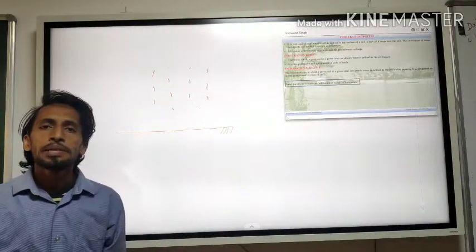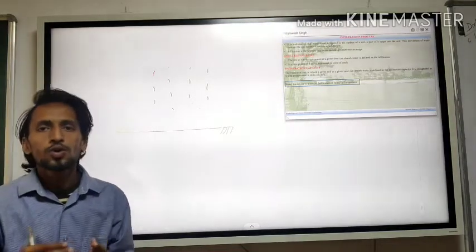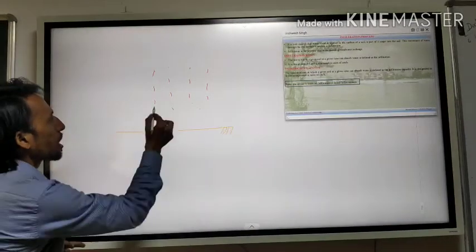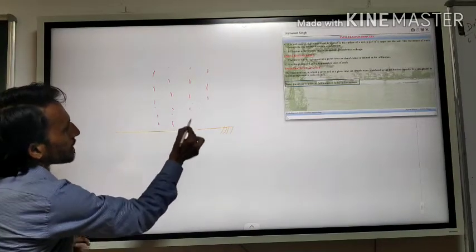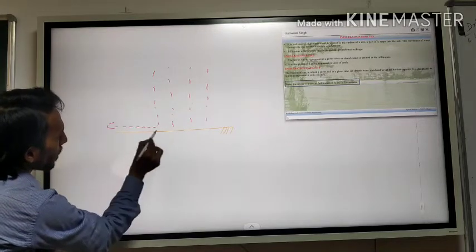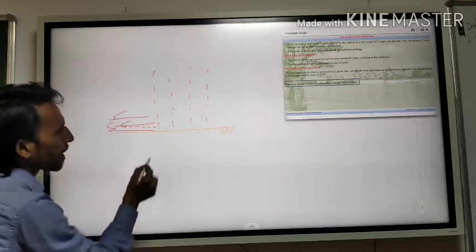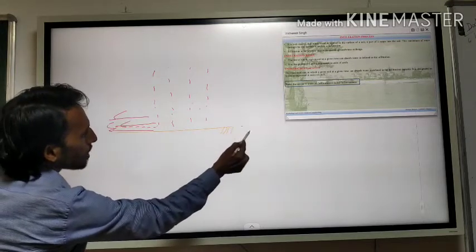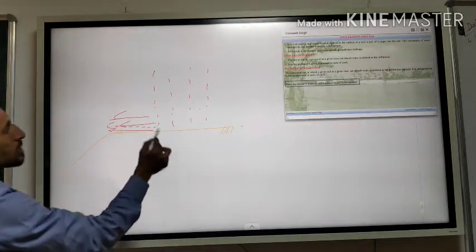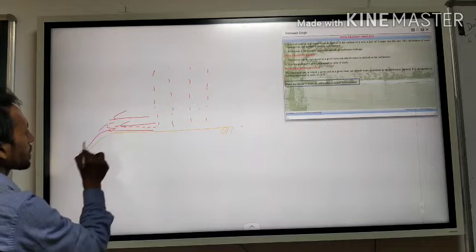This water will be divided into two major categories. Some of the water will start moving in this way. If the slope of the ground is like this, this water will start flowing like this.